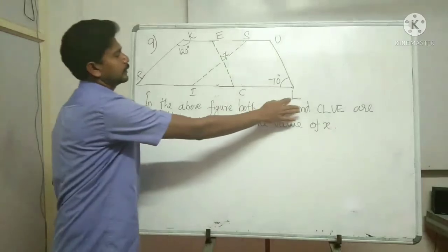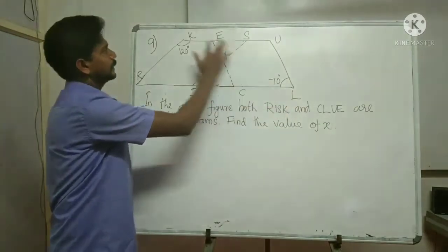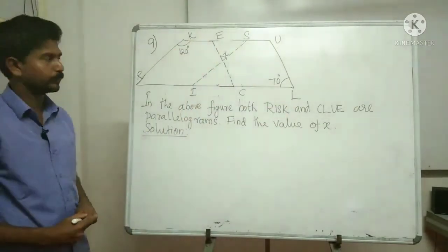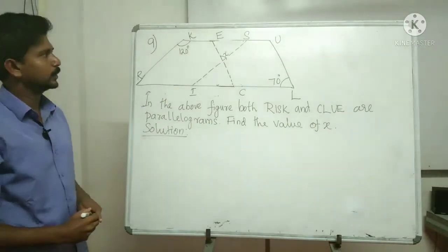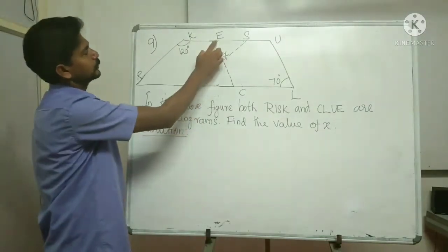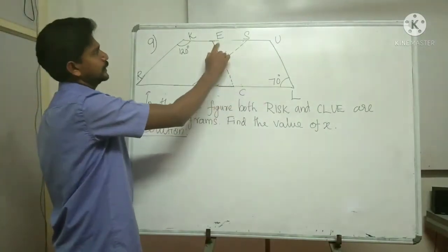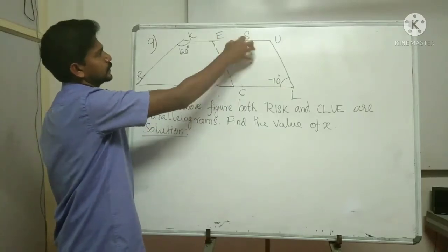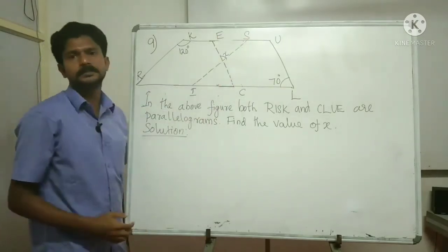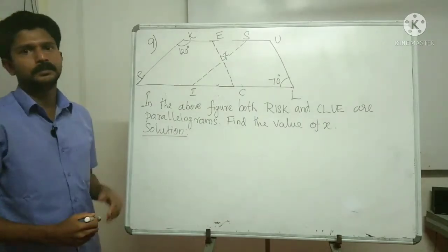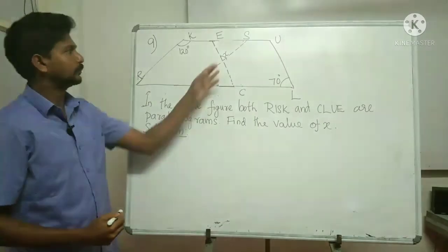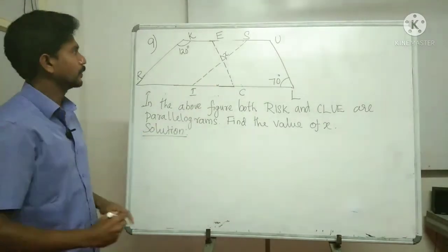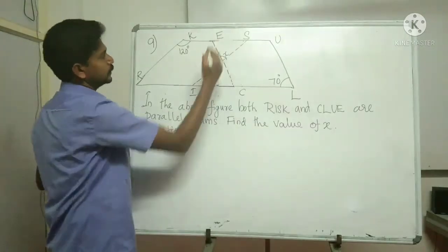We have given the angle L measurement as 70 and angle K measurement as 120. Using that, if we are able to find E and S, using the angle sum property of a triangle, we can find the value of x. So let us find the value of E now.